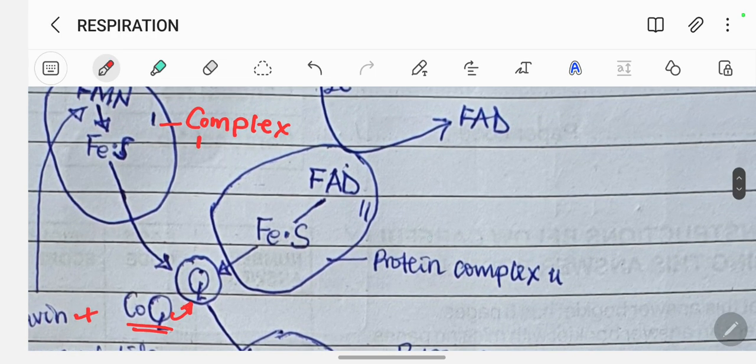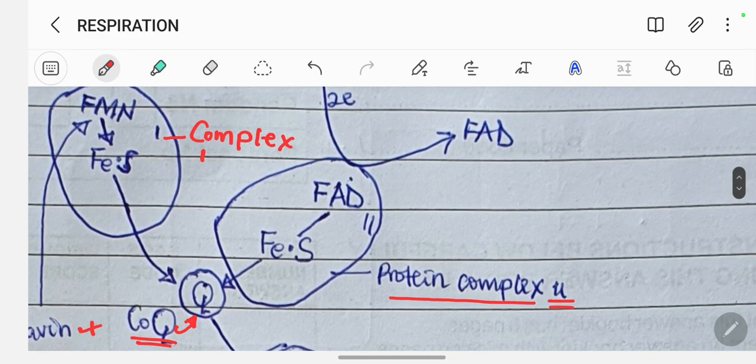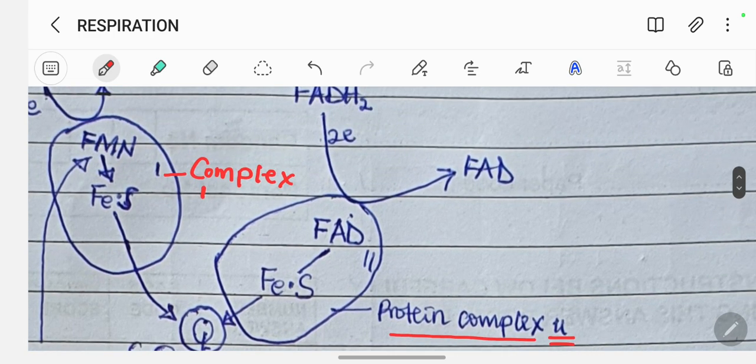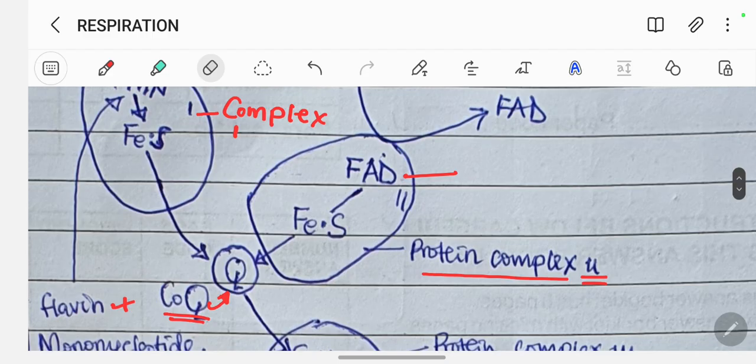Then I'm having protein complex 2. It's slightly above that coenzyme Q, and it has FAD there. Then I'm having another iron sulfur protein.